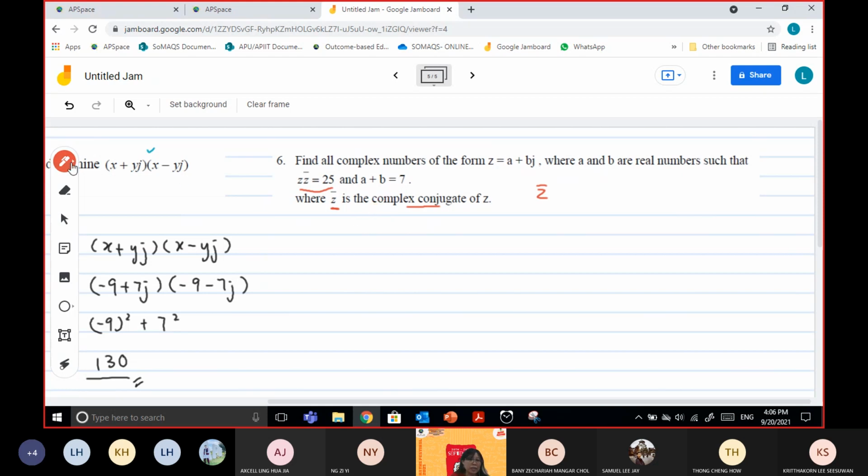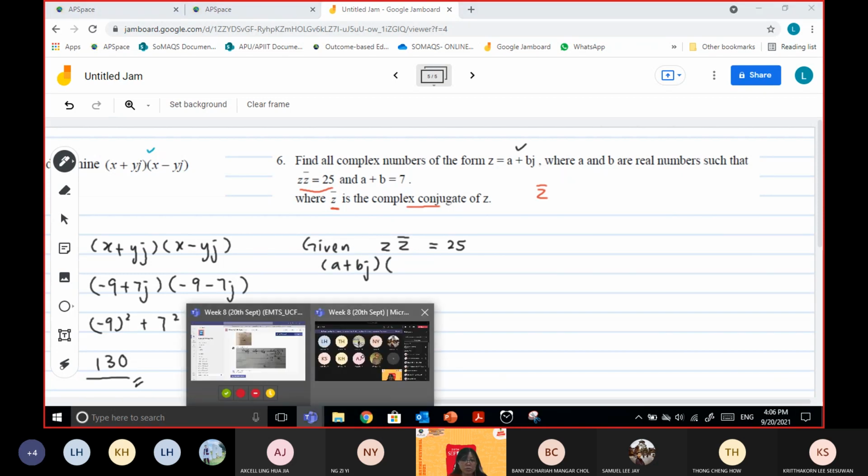So how are we going to solve this question? Given z multiplied by z bar equals 25, z is a + bj. May I know what the complex conjugate is? Okay, Junho, if z is a + bj, what is the complex conjugate?